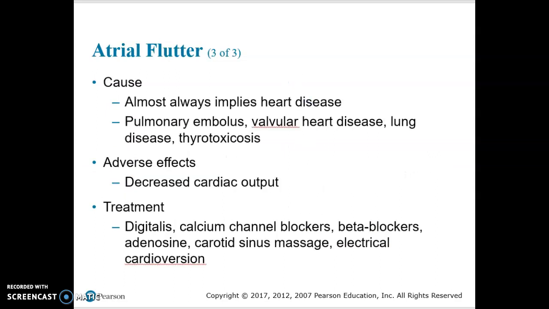And now we're going to talk about the different causes. Atrial flutter almost always implies heart disease, okay? Pulmonary emboli, valvular heart disease, lung disease, or thyrotoxicosis can cause atrial flutter.